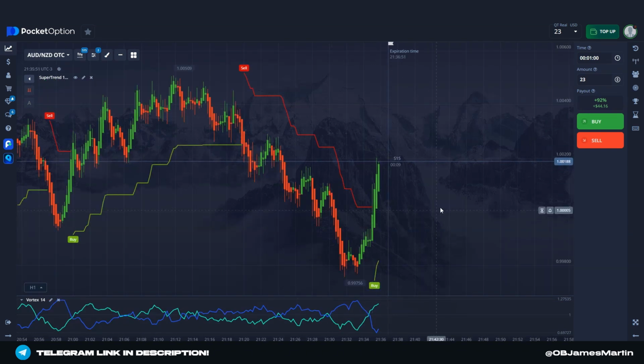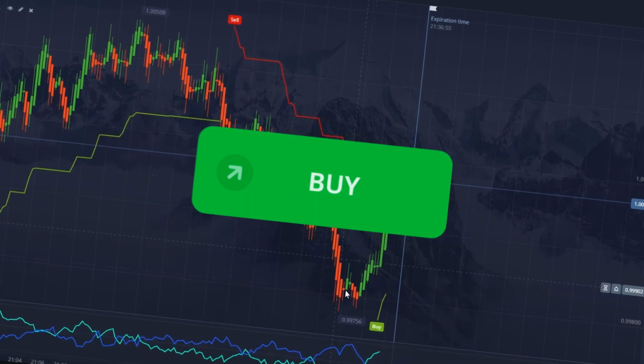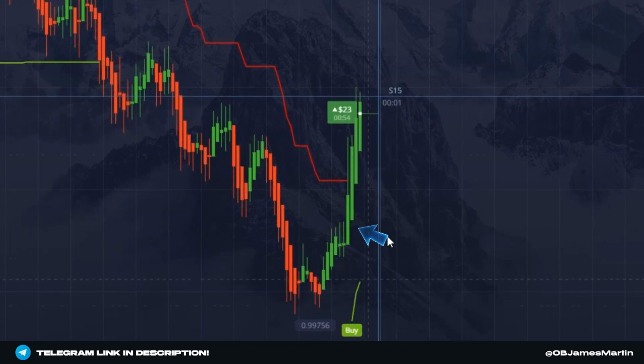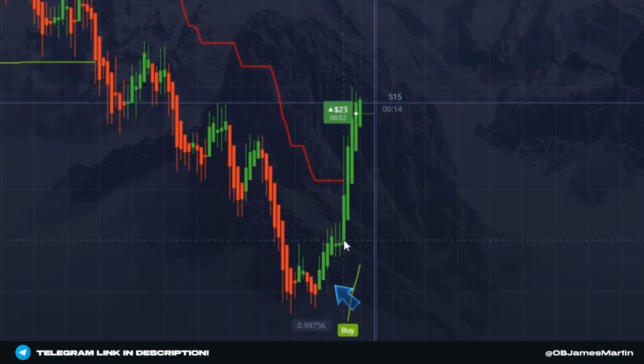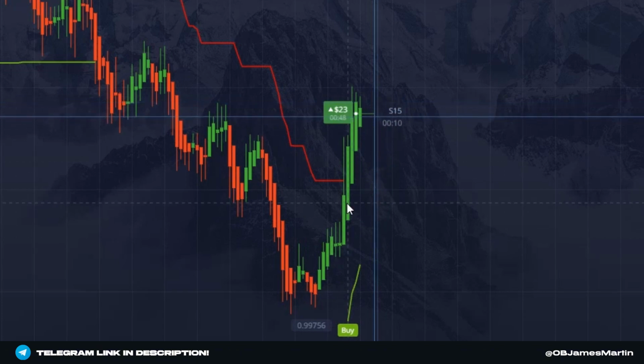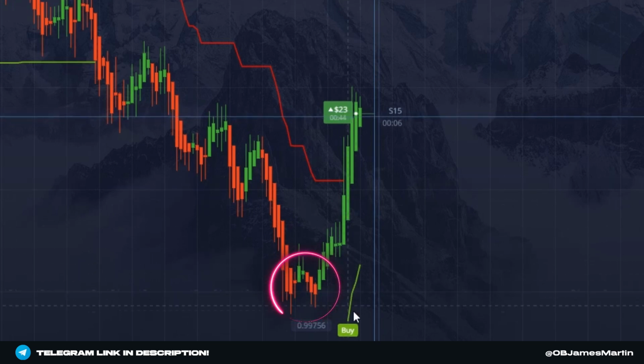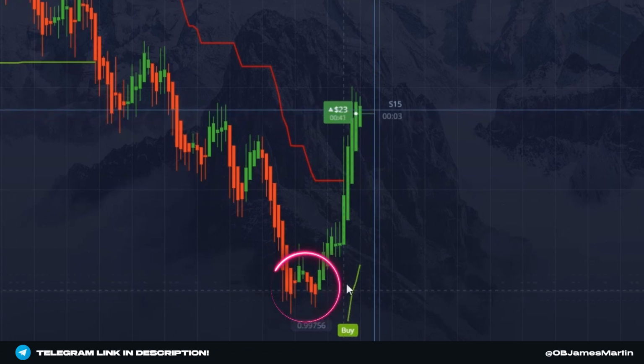Alright guys, I think we have a very good opportunity at this particular level. As you can see, we have consistent candlesticks right here, so we're going to be entering a buy trade at this point. At this level we have consistency of the candlesticks, a good sequence.